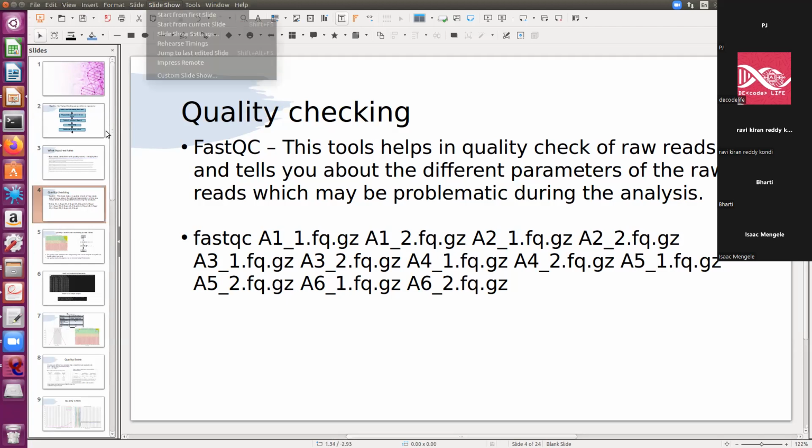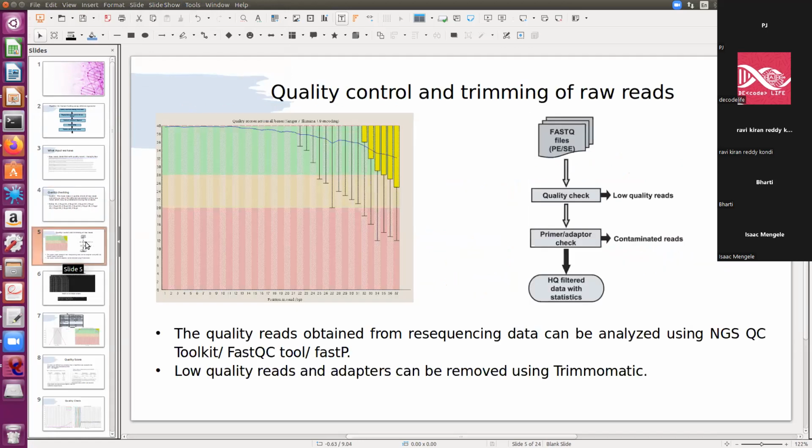Okay, so the next step: we have discussed all about the quality check of all these reads, which I have shown you for one sample. You have to run it for all the samples which I have given, and they are almost similar, because when I ran all those samples I found similar results.